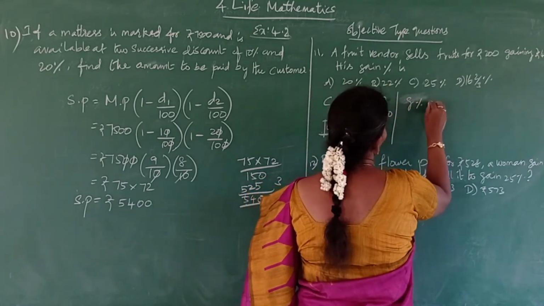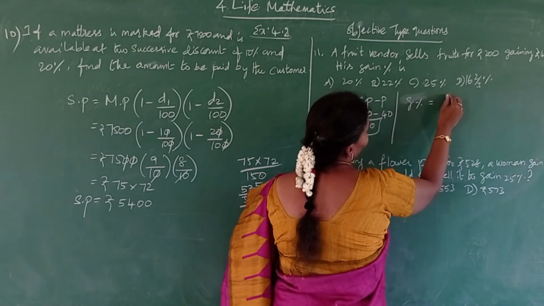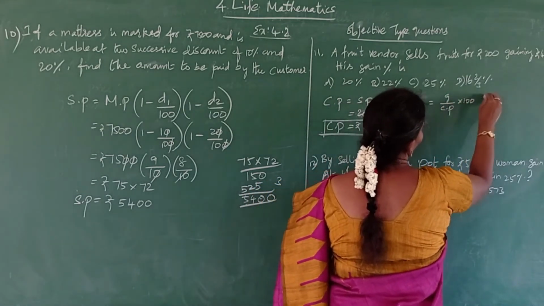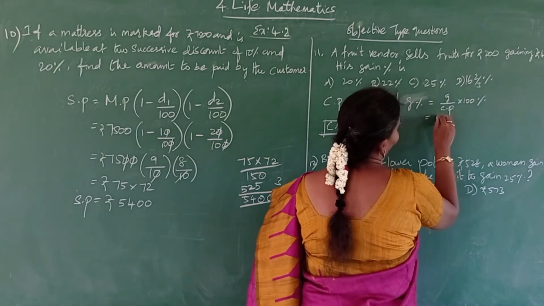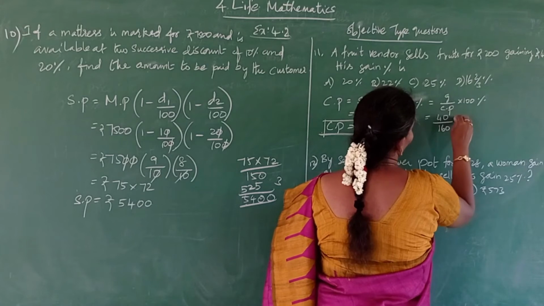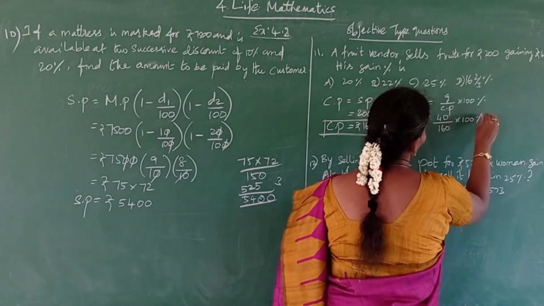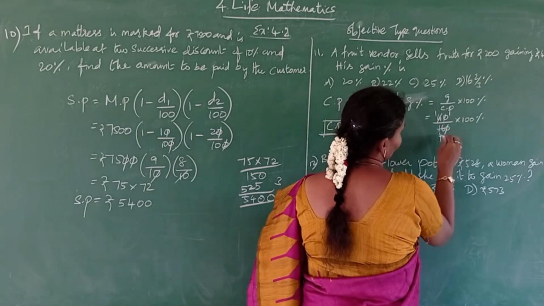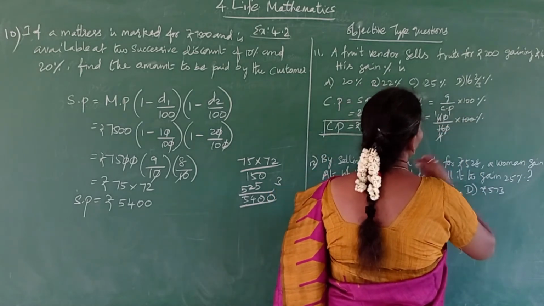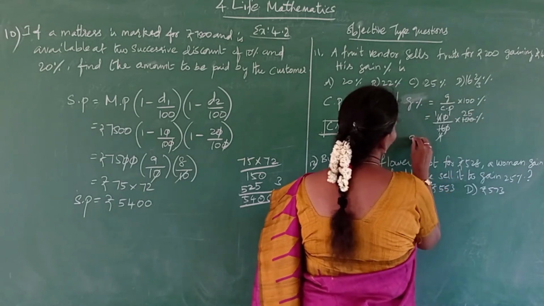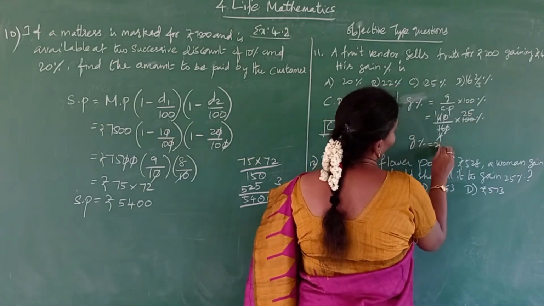Gain percentage is equal to gain by CP multiply 100%. Okay. So what is gain? Gain rupees 40. 40 by 160 multiply 100%. Okay. Here 0 0 cancel. Here 1 time. Here 4 times. So 4 cancel with the 100. That is the 25. Okay. So gain percentage is equal to 25%.